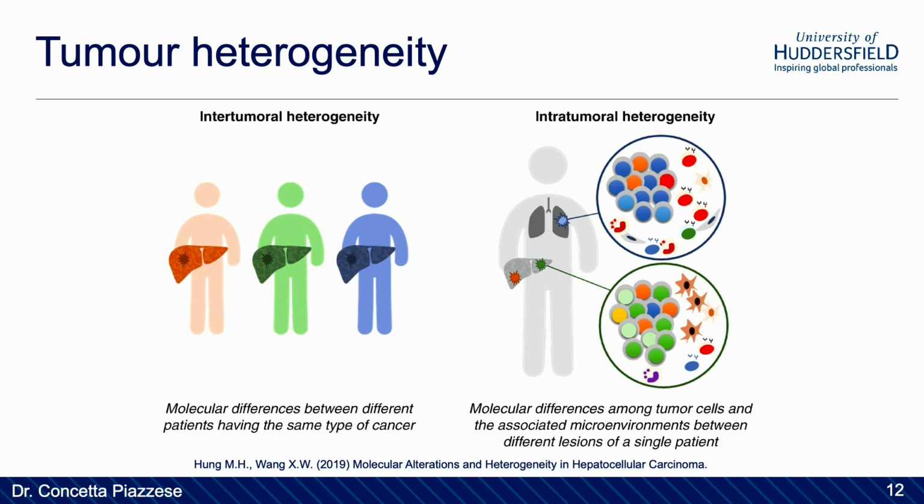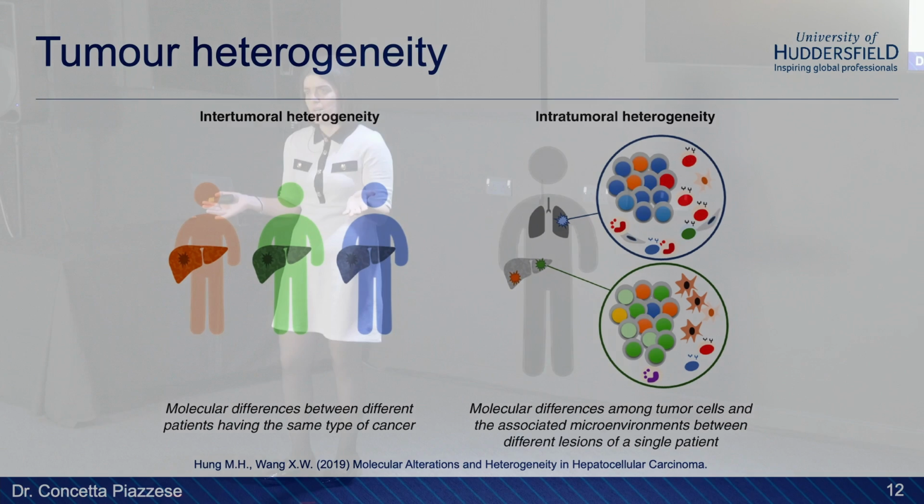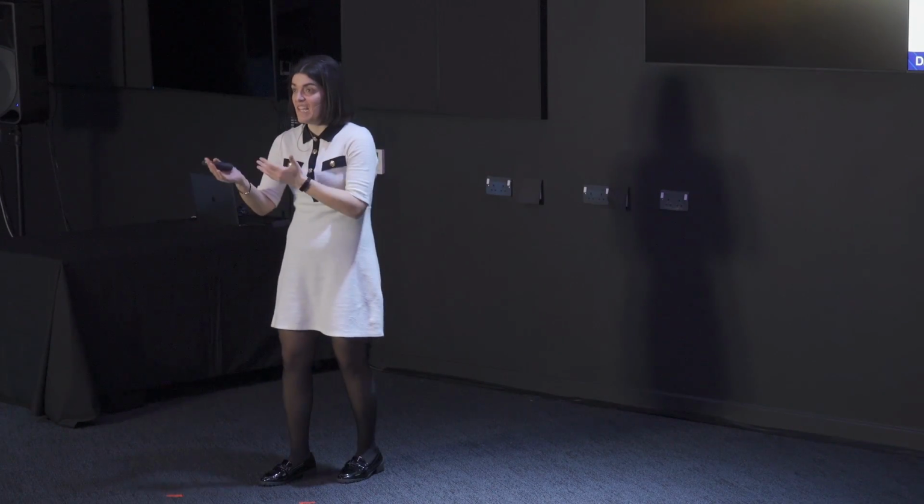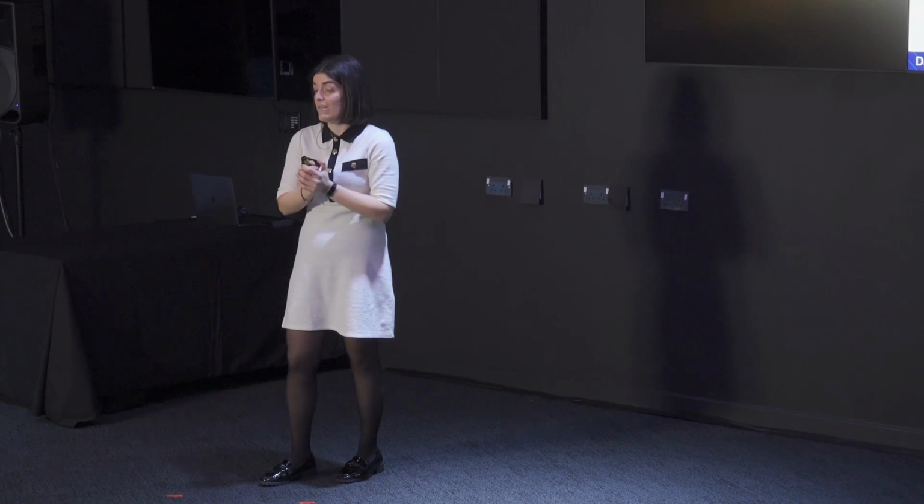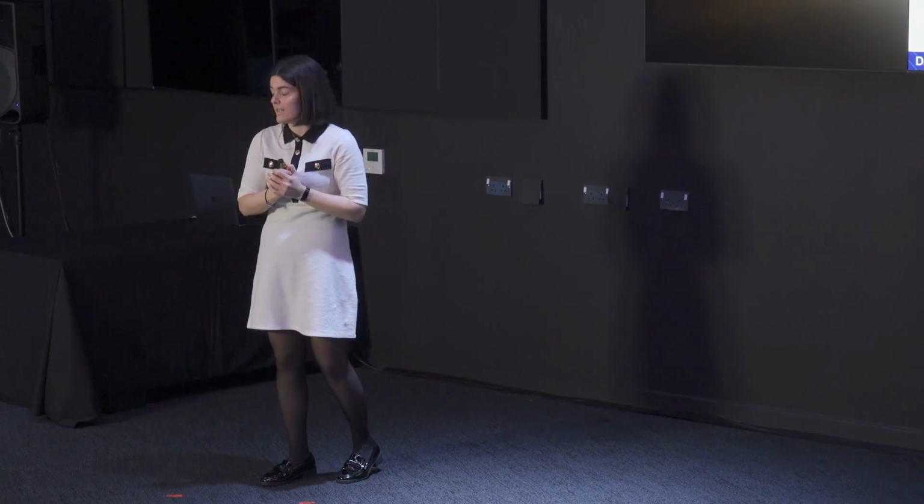For intertumoral heterogeneity, if I have 3 different patients with cancer in the liver, and I analyze the characteristics of those tumors, they will be different. And you might say, well, fair enough, you are considering 3 different people, so it's normal that their tumors have different characteristics.